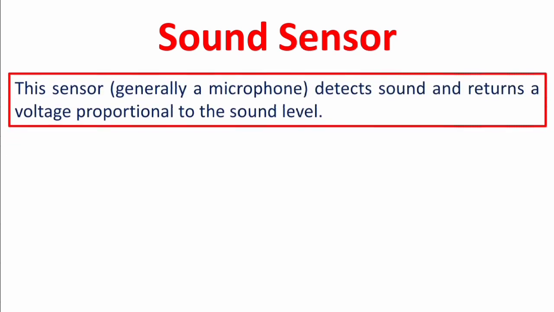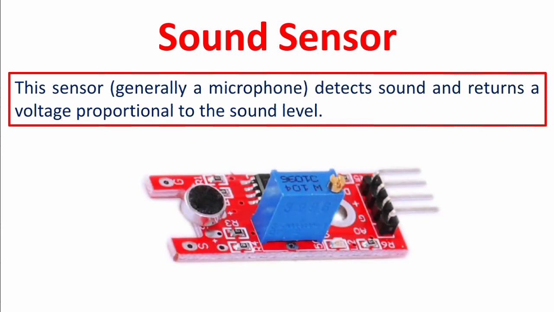Now come to next. Second is the sound sensor. What is a sound sensor? This sensor, generally a microphone, detects sound and returns a voltage proportional to the sound level. You can see here, this is the sound module.